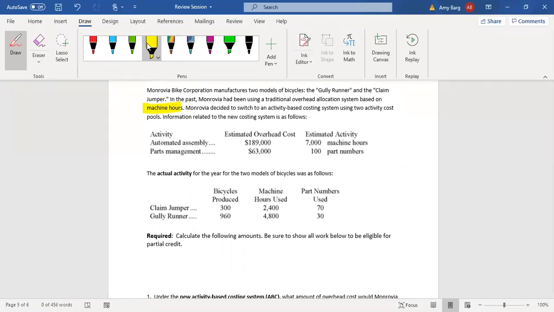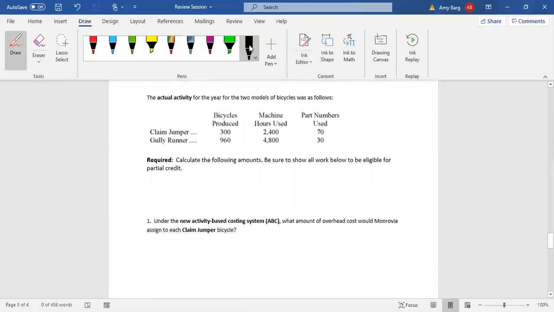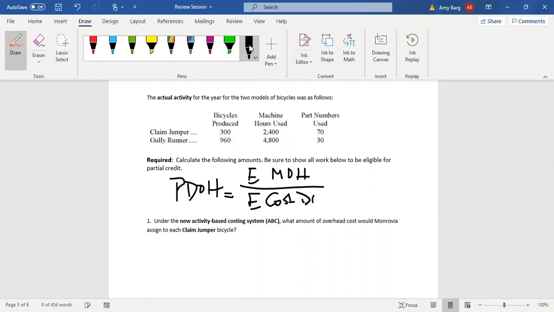So let's just remind ourselves, predetermined overhead is the estimated manufacturing overhead divided by the estimated cost driver. So the first thing we need to do is find the rate.